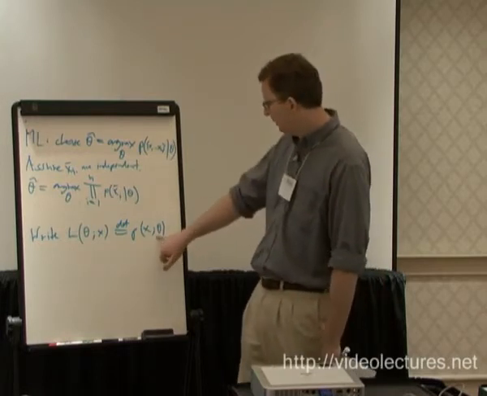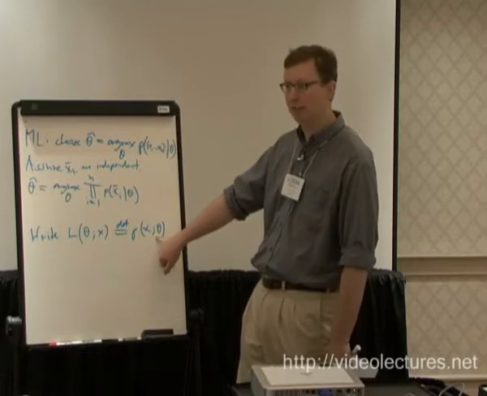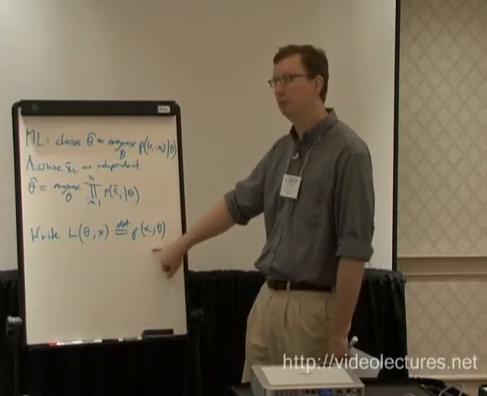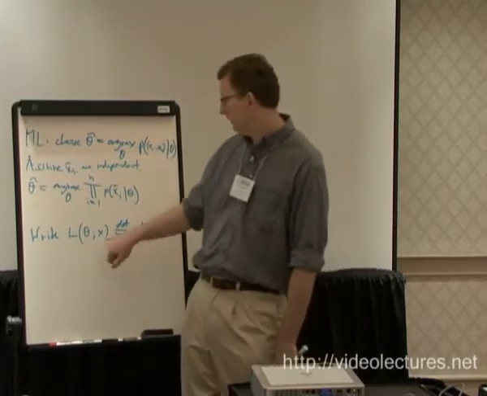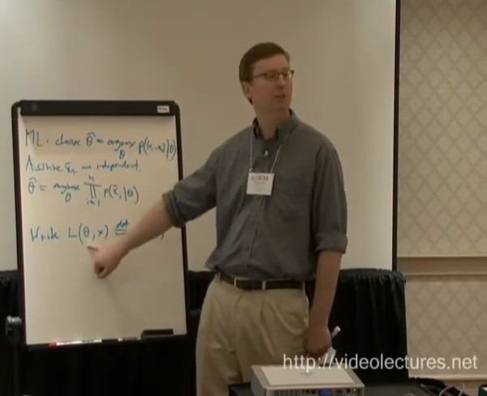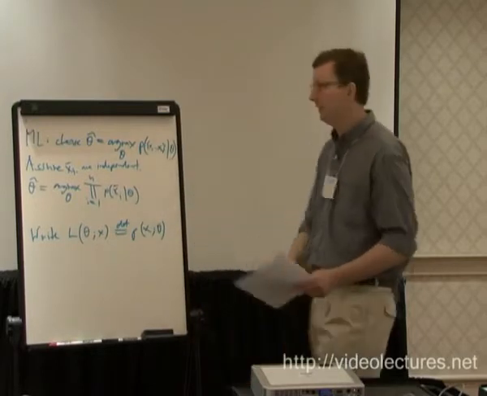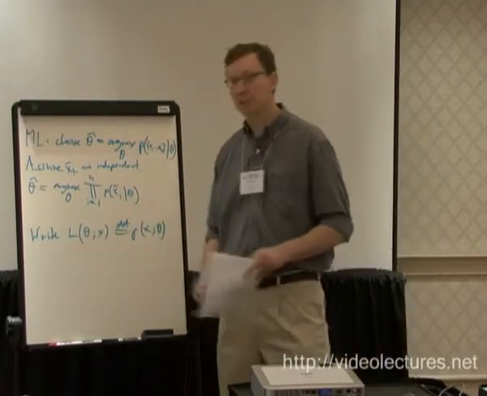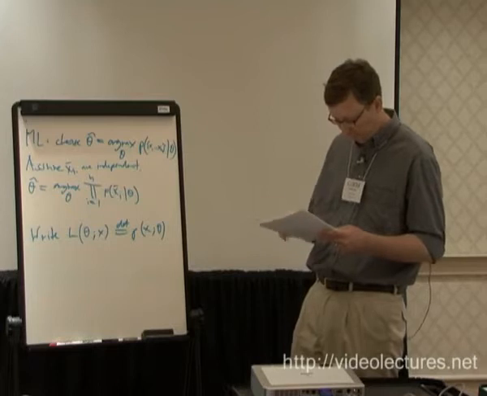So if you think of theta as being slowly varying and x as being rapidly varying, you'd use this notation. But if you think of the x's as being fixed, and then you're considering different thetas, you'll use this notation. And so this big L stands for likelihood. That's the likelihood function.